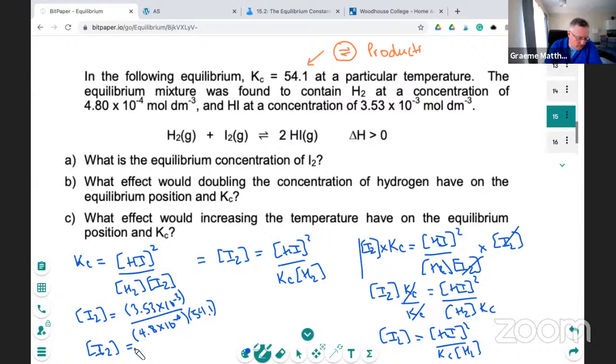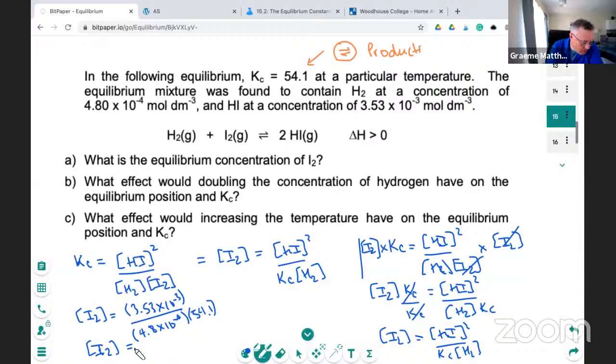We had 3.53 to the negative 3. All right, and then we're going to divide this by 4.80 to the negative 4. All right, and then you divide this by 54.1. And I got 0.13, so hold on a second.